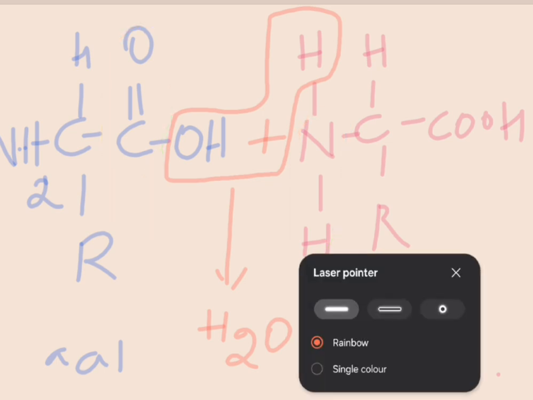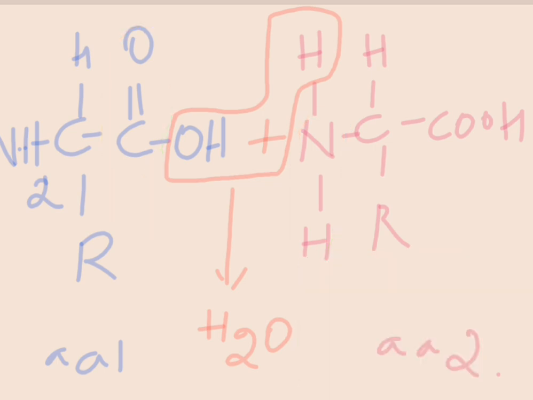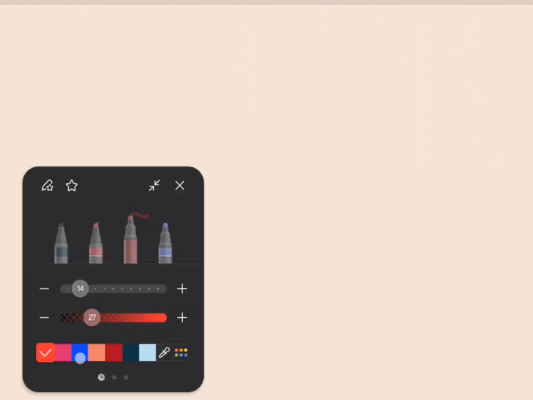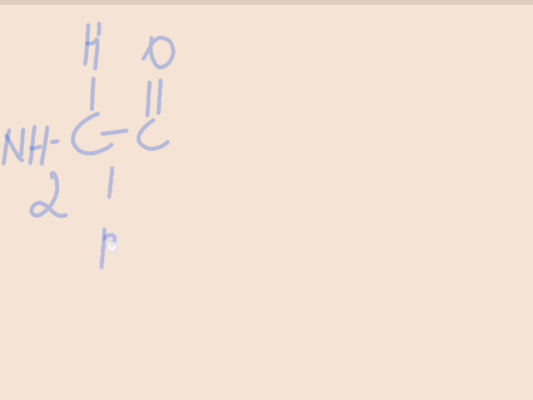So now we have, let me take the same pencil color so that you don't get confused, C double bond O, right? And then we had an NH2. Then we have an H, hydrogen, and then we have an R group, right? And then over here, oh sorry about it, I'll just make it pink.